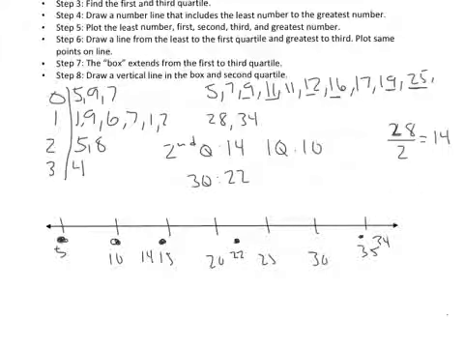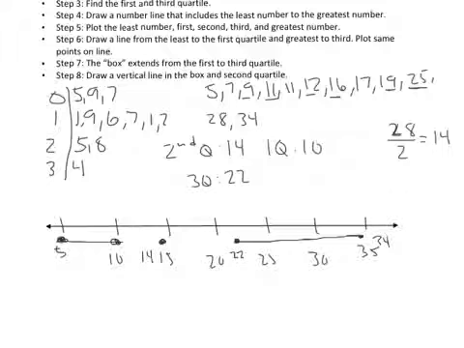Now that we have those numbers all plotted, the next thing I want to do is draw a line from my least number to my first quartile, and then a line from my greatest number all the way to my third quartile. So it looks like I just drew two lines and we've got a big gap in the middle, which is what we want to see.